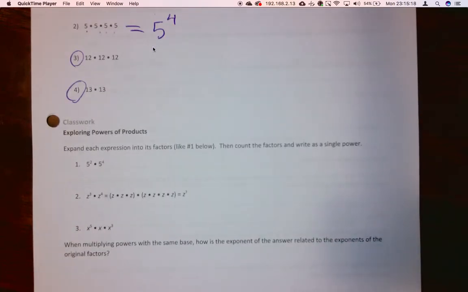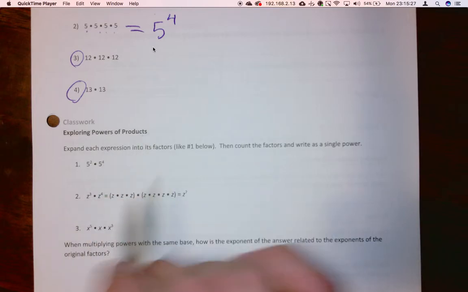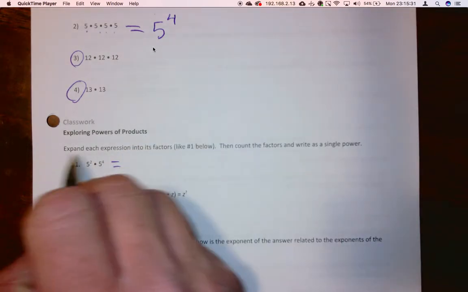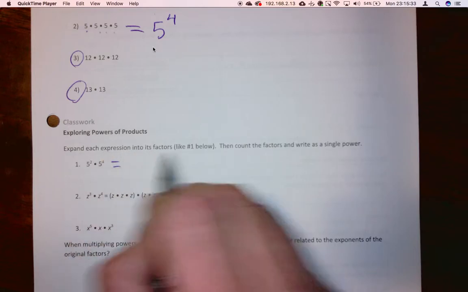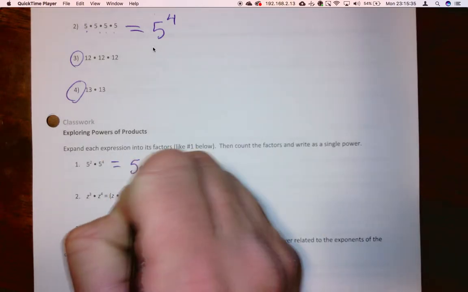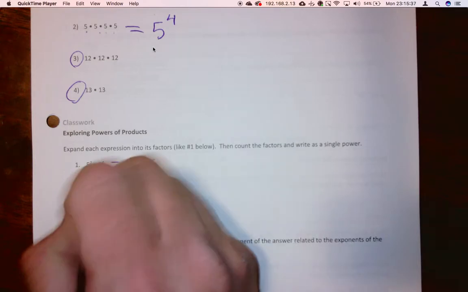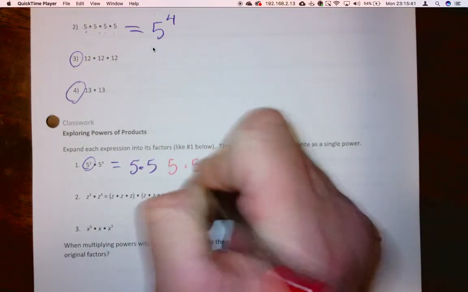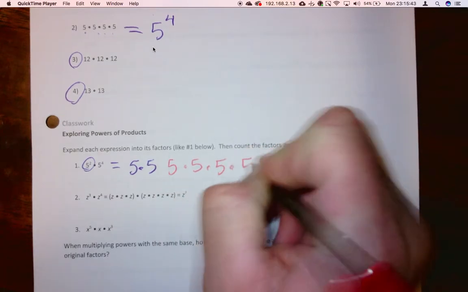So this takes us into some sort of rules, some properties that we can use, and so we'll explore powers of products. If I have 5 squared times 5 to the fourth, I can rewrite this, expand each expression into its factors, into 5 times 5 times 5 times 5 times 5 times 5.